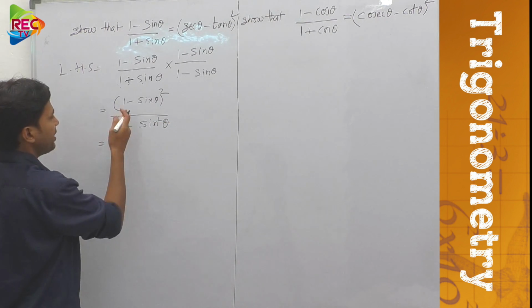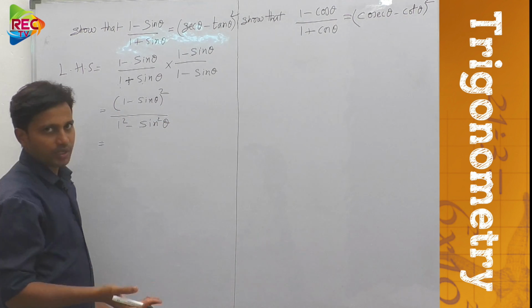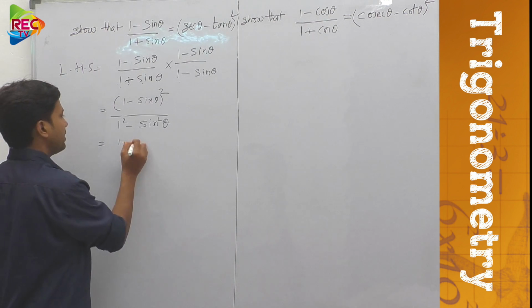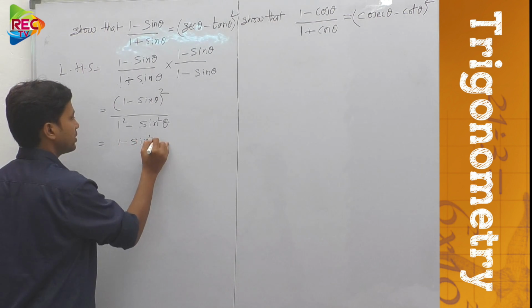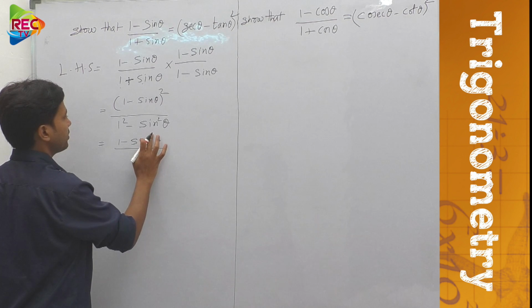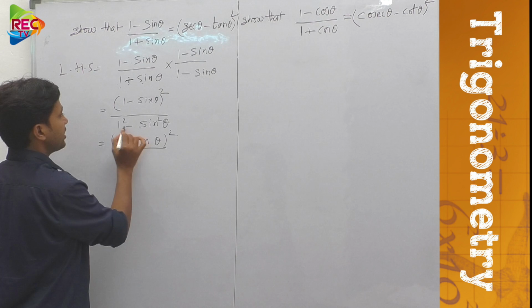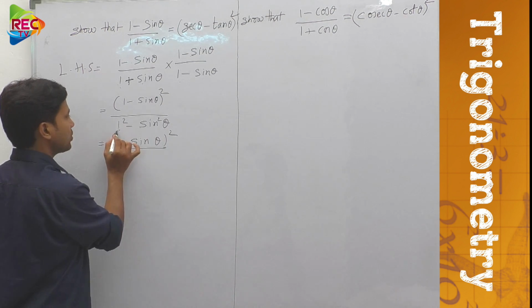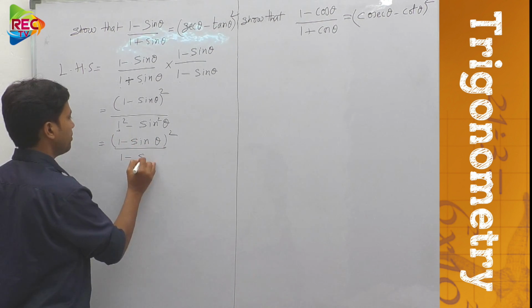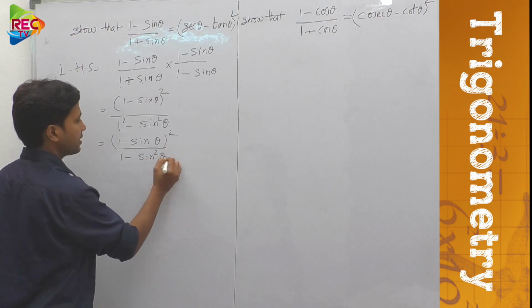And of course 1 square can be written as 1. So now (1 minus sin theta) whole square by 1 minus sin square theta.